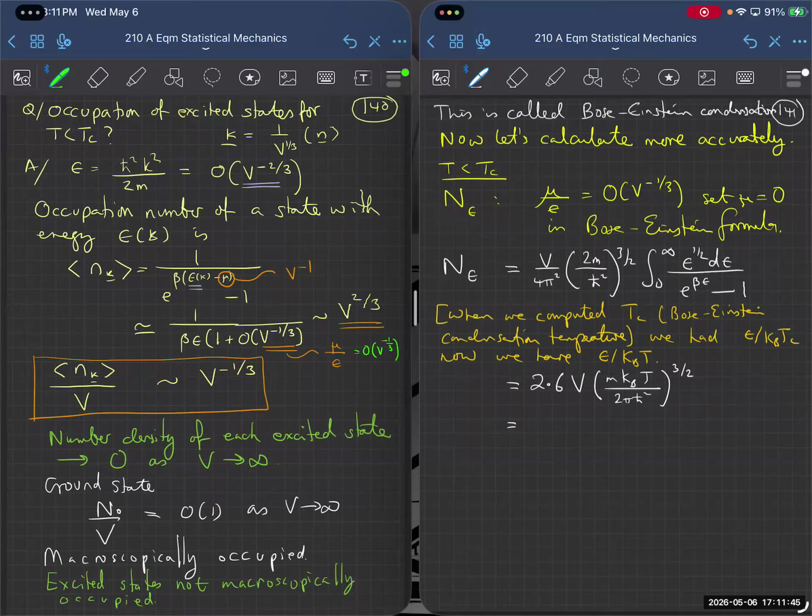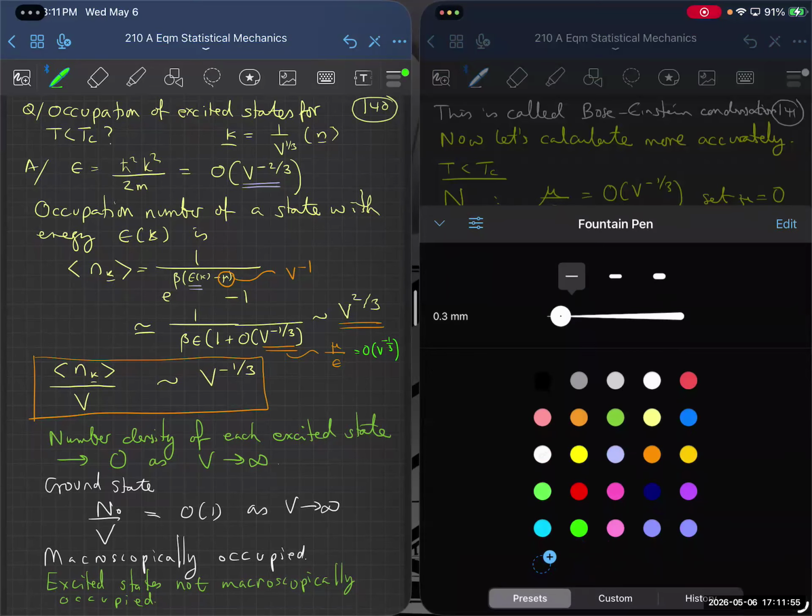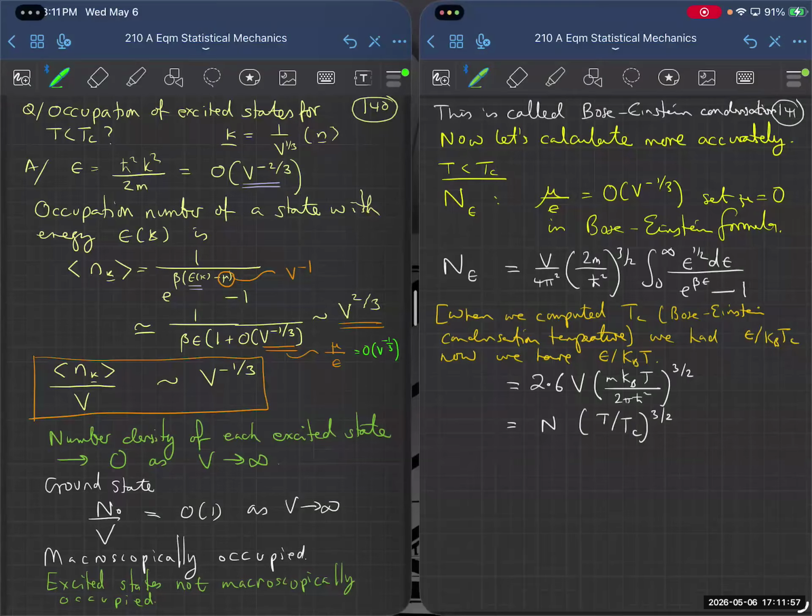In any case, that is going to be N times T over Tc to the 3/2 power. And then the number of particles in the ground state, n0, is equal to N minus the number of particles in the excited states, which is N times 1 minus T over Tc to the power 3/2.